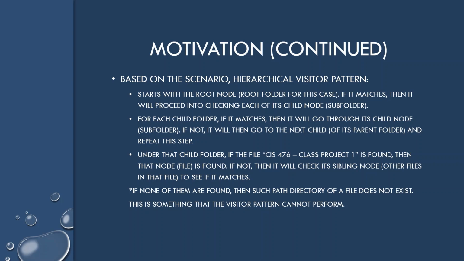Under that child folder, if the file CIS 476 class project 1 is found, then that node, otherwise known as the file, is found. If not, then it will check its sibling nodes, meaning other files in that folder, to see if it matches. Note that if none of them are found, then such a path directory of a file does not exist. This is something that the visitor pattern cannot perform.